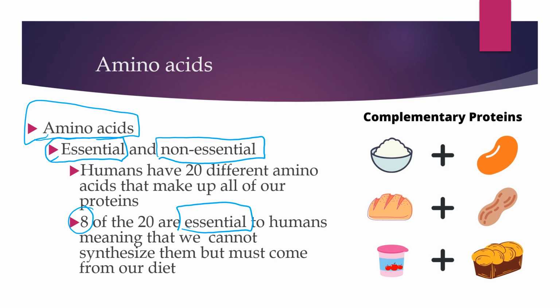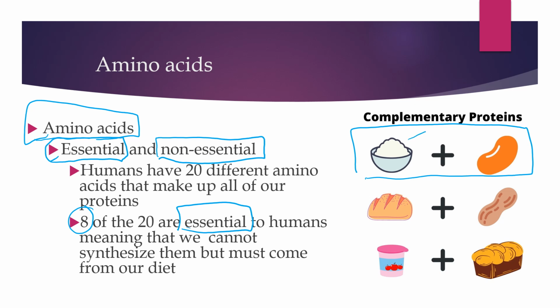So by eating animal proteins, we know we're getting our essential amino acids. However, you can get all the essential amino acids by combining other proteins that might be missing one or another of the amino acids, if you're eating only plant proteins. Some common foods that people eat are called complementary proteins because they combine all the amino acids.